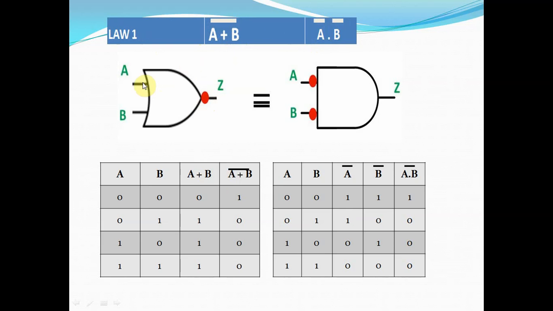So on the left side, A and B are the inputs we are ORing, and then the complement, so we use a NOR gate, which gives the Boolean expression of the NOR gate. And on the other side, A and B are inputs. We take the complement, that is NOT, which gives A complement, and we AND them with each other. So it gives A complement dot B complement. Whatever the result, both outputs are equal.